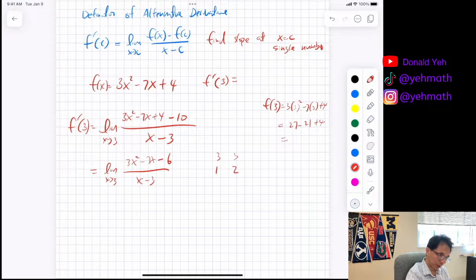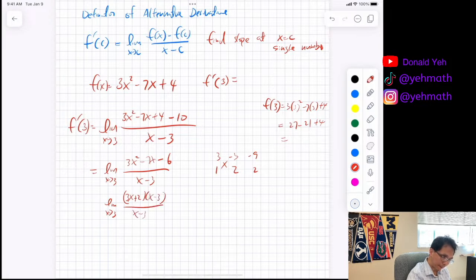This one gives you 9, and it's going to give me 2. This one's negative. So it's the limit as x approaches 3 of 3x plus 2 times x minus 3, over x minus 3. This will cancel out, and I plug in 3, that's going to be 11.